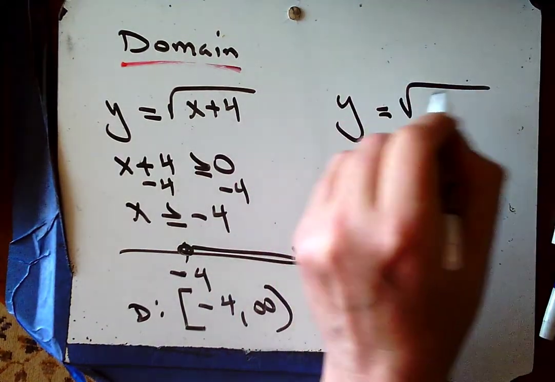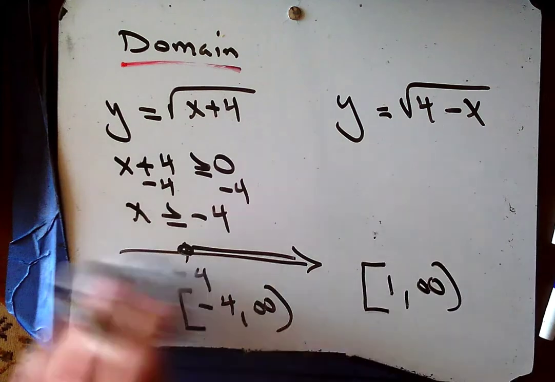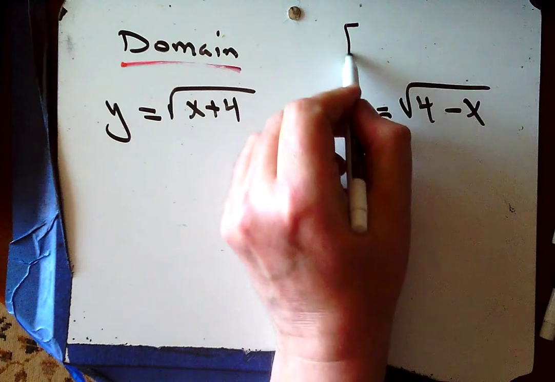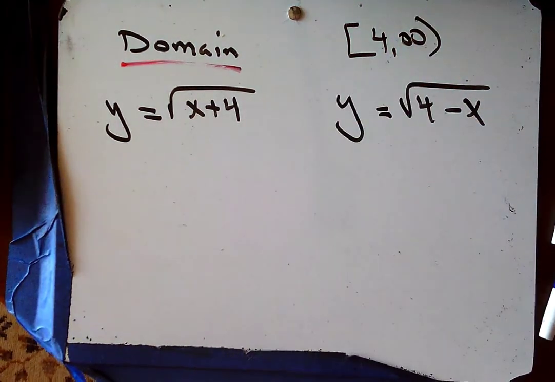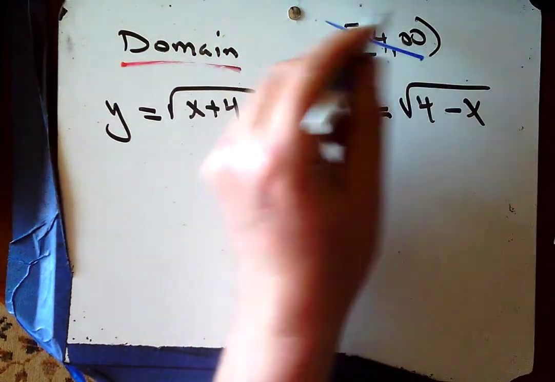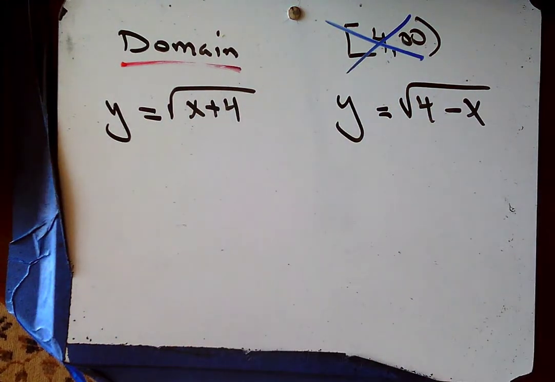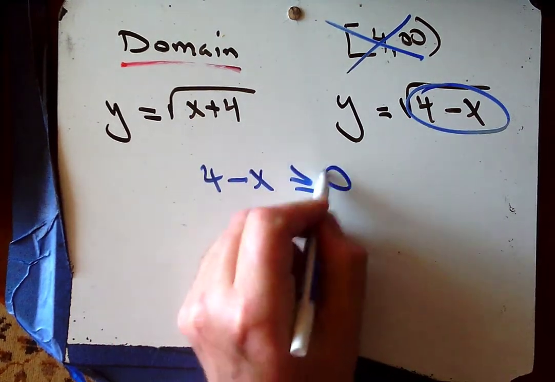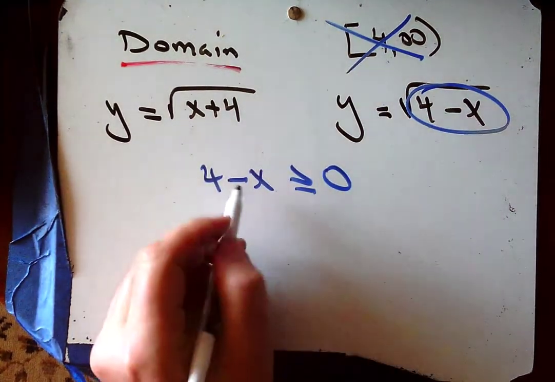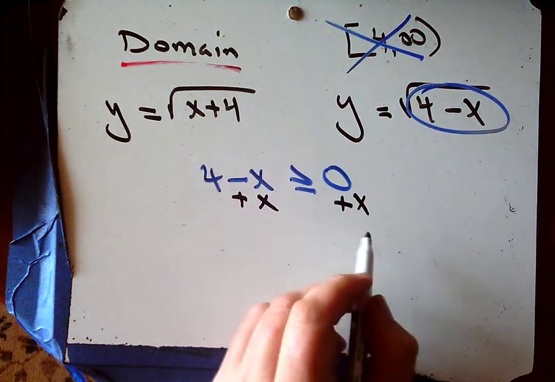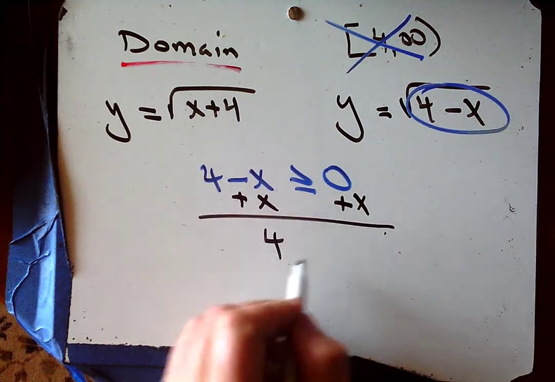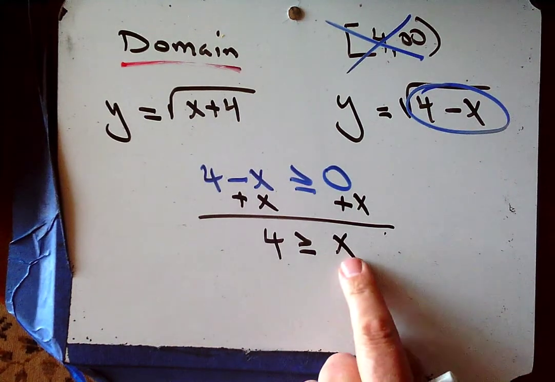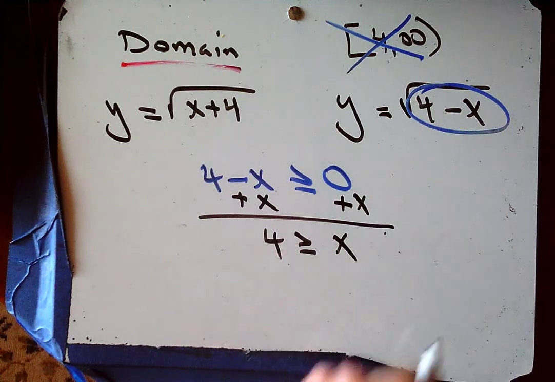How about something like square root of 4 minus x? Because a lot of students say that the domain for this one is going to be 4 to infinity. And then I have to mark it wrong, and they're all sad. Why? Because they didn't take what was under the radical and set it greater than or equal to 0. So I'll add x to both sides, and what do I notice? I notice that 4 is greater than or equal to x, or if I read it backwards, x is less than or equal to 4.